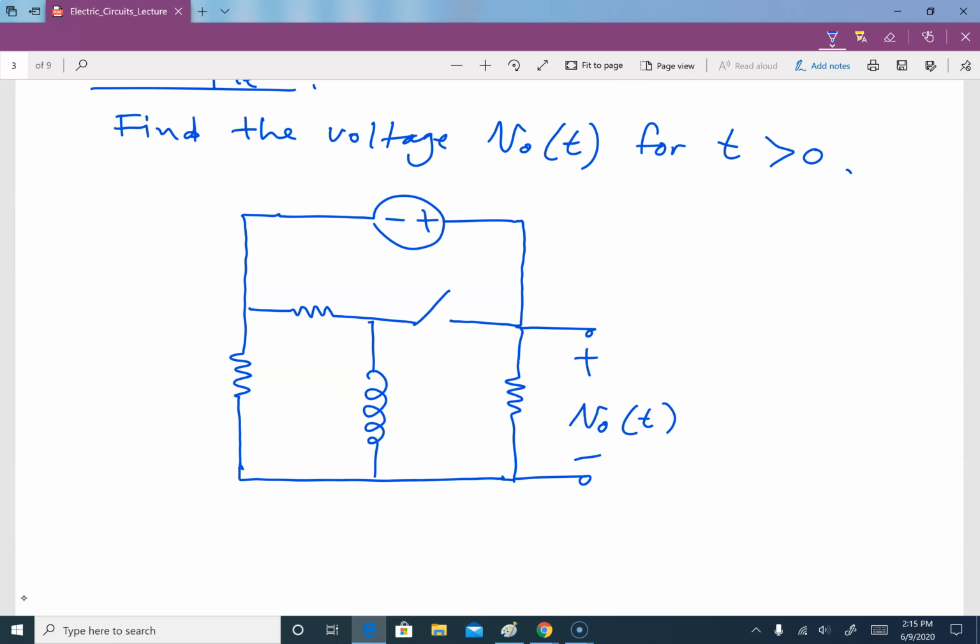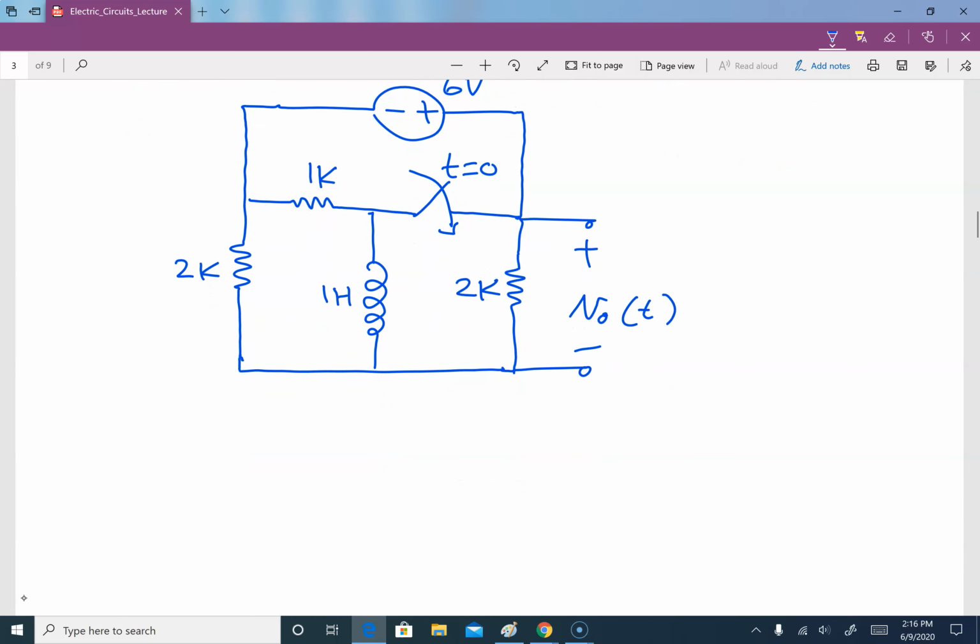This is where we need to find our V naught. That is 2K. This here is 1 Henry. This is 2 kilo ohm. This is 1 kilo ohm. And this is 6 volts. The switch was open and closed at t equal to 0.